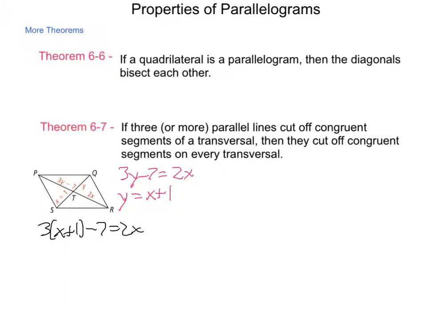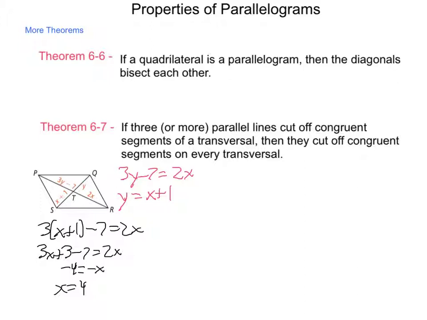Using our distributive property, we have 3x plus 3 minus 7 equals 2x. Subtracting 3x from each side using our subtraction property of equality and combining like terms on the left, we end up with negative 4 equals negative x. So that means that x equals 4.